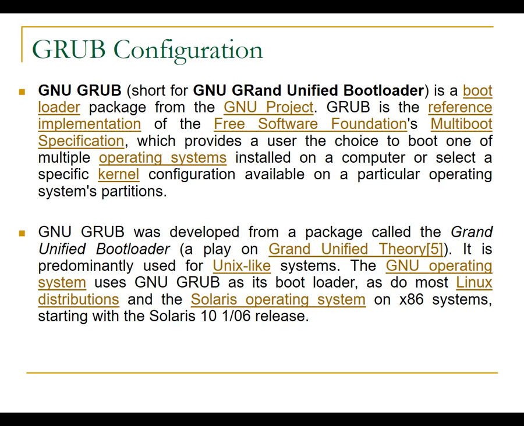The GNU operating system uses the GNU Grub bootloader, and it is used in most Linux-like distributions like Red Hat, Fedora, Puppy Linux, Kali Linux, and Sun Solaris operating system for 32-bit as well as 64-bit.